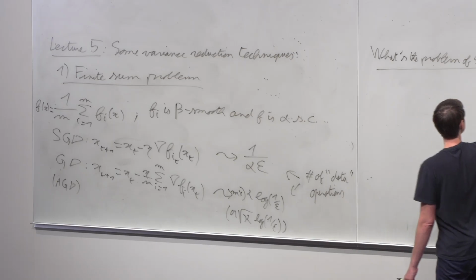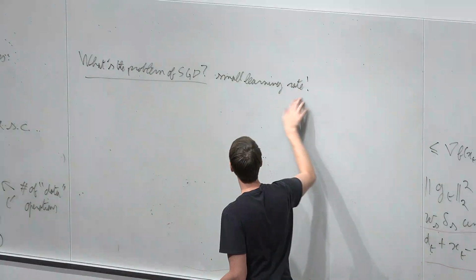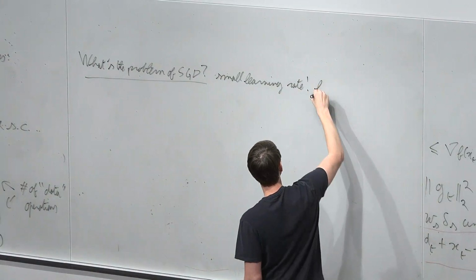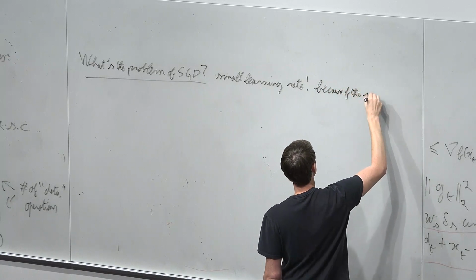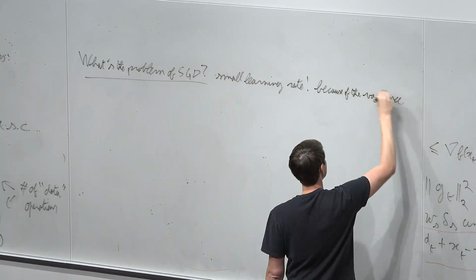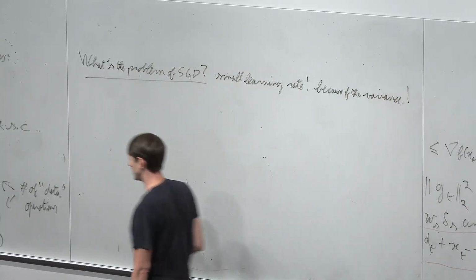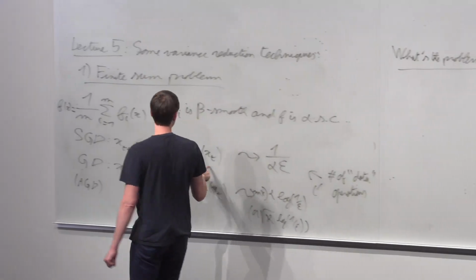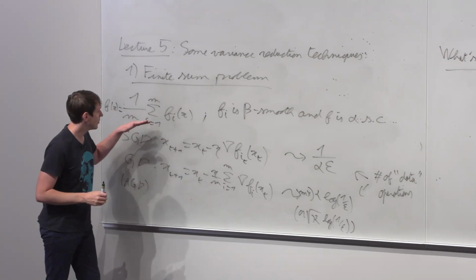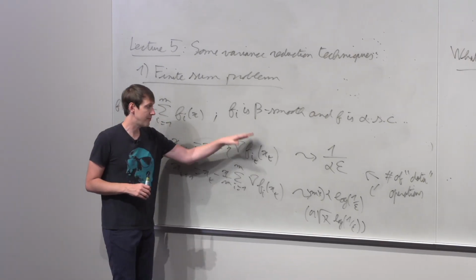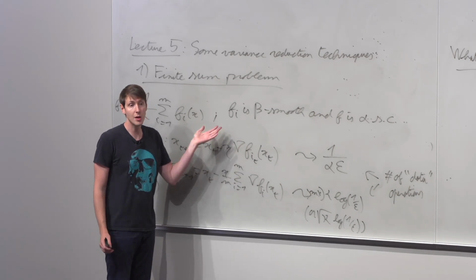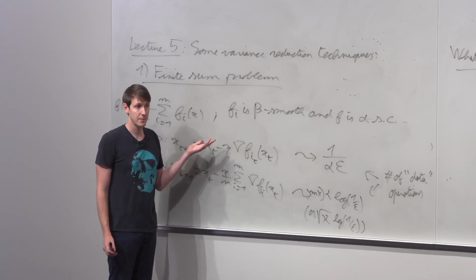But if you take big step with SGD, why do you need small learning rate? It's because of the variance. Okay, you have too much variance in those estimators. You see, even when you get close to the optimum, even when you get a predictor which is the best, it might still have very big gradients, because on some examples, maybe it's very bad.